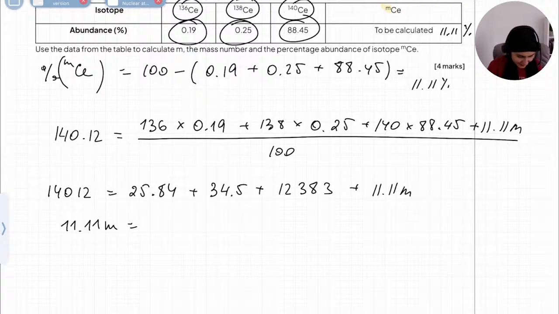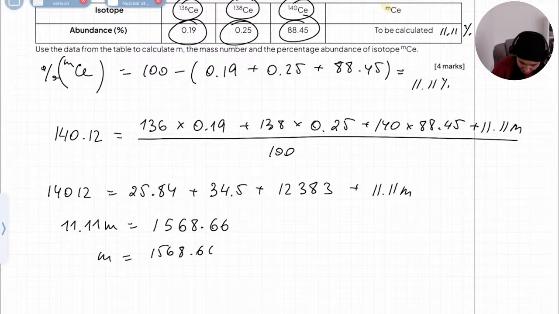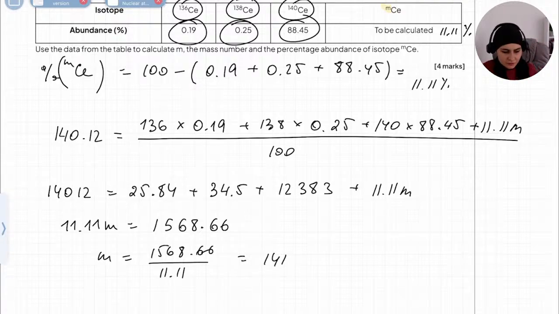But I might get it wrong still because there are so many numbers. So m would equal 1568.66 over 11.11, which is 141.2, but we will round it to a whole number, so 141. That's m, so that's good enough, because we had isotopes 136, 138, 140, so 141 fits nicely here.